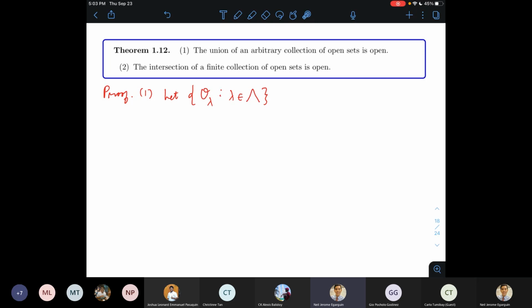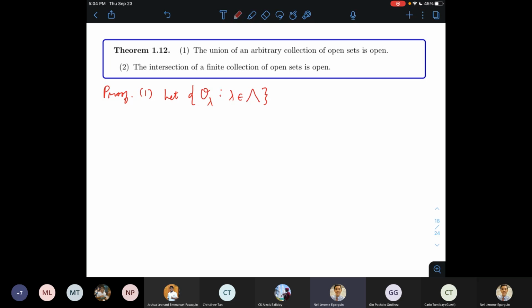So kasi hindi sinabi na finite, wala siyang restriction kung gaano karami yung laman ng collection. Kasi sabi dito, arbitrary collection. So kahit kumuha ko ng infinitely many open sets, then that's fine. According to theorem 1.12, when I take their union, ang union pa rin daw nila ay open pa rin.